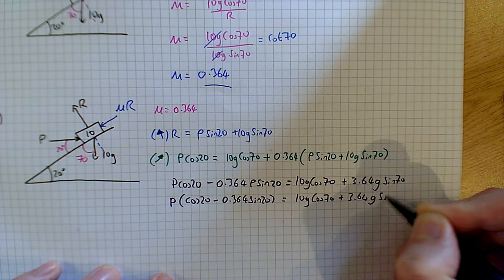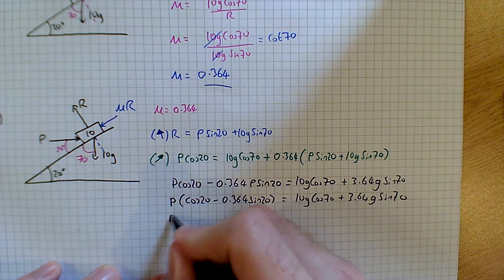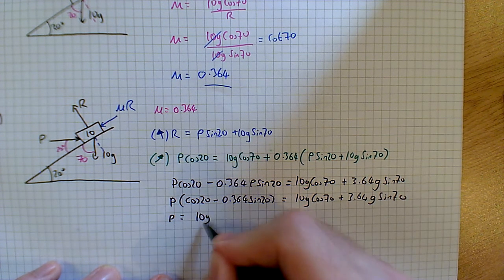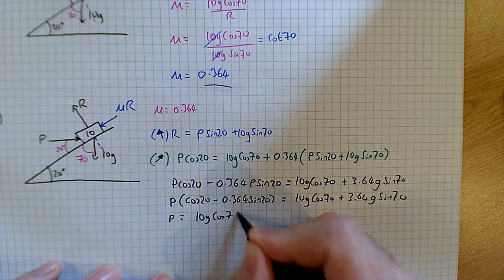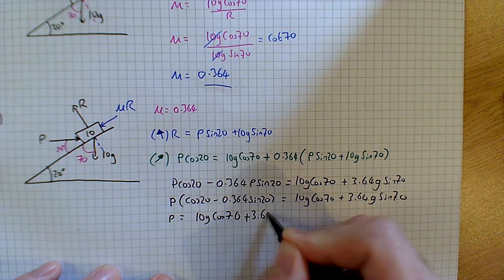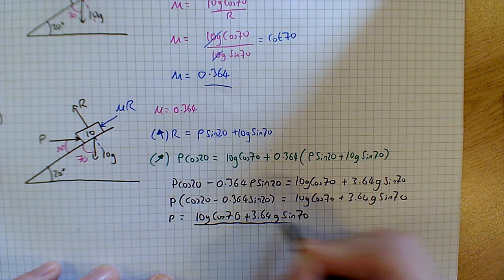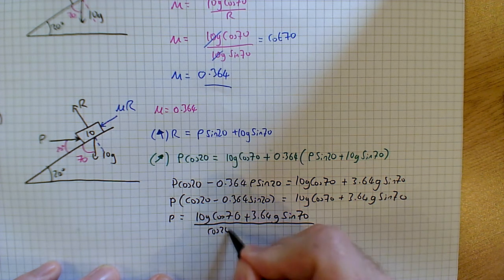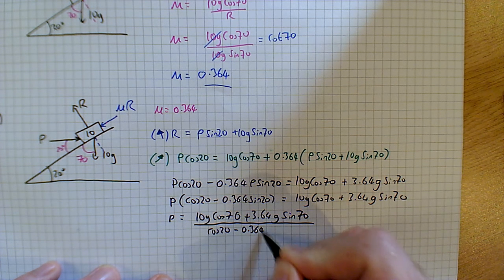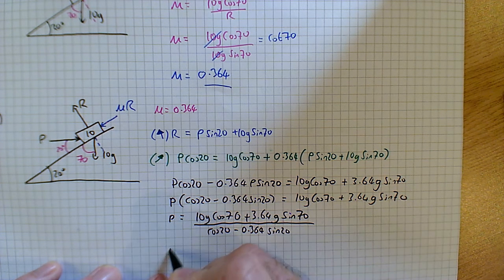And to get my final answer, I'm going to divide by that. So 10g cos 70 plus 3.64g sine 70 all over cos 20 minus 0.364 sine 20.